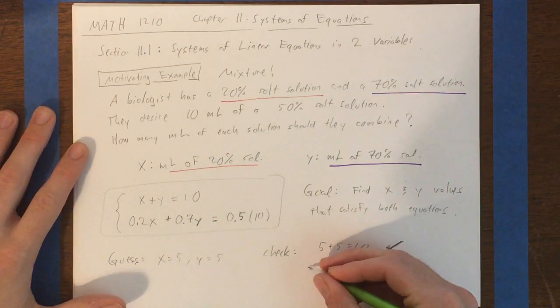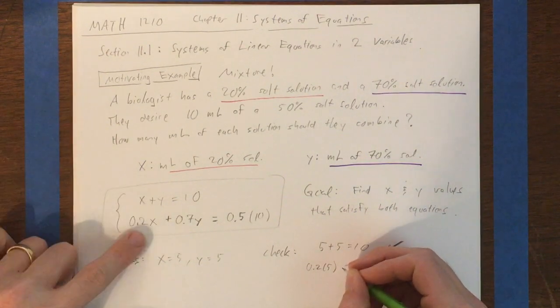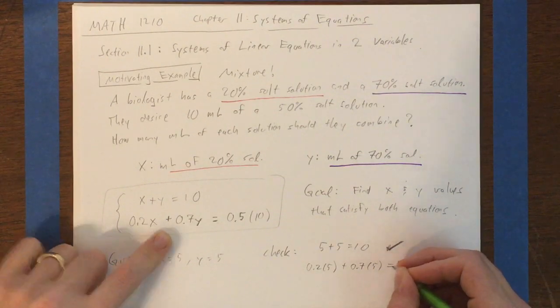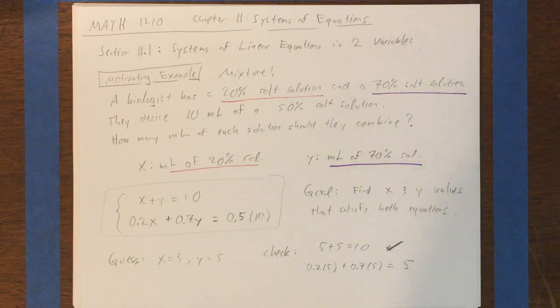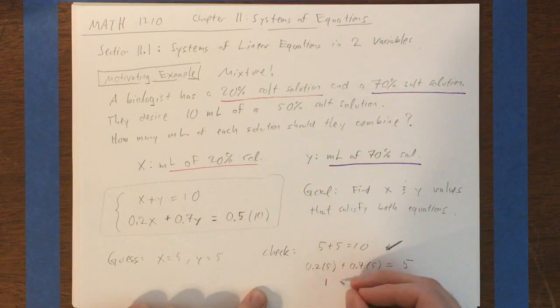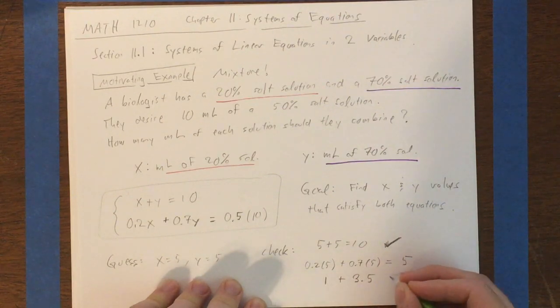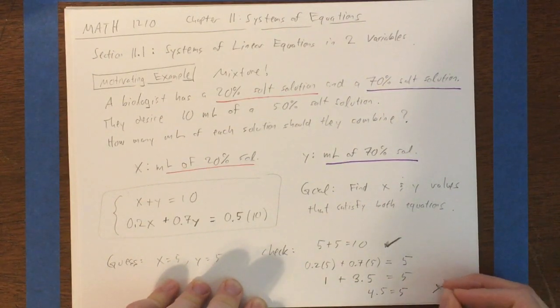The second equation is going to be 0.2 times 5 plus 0.7 times 5 equals a half times 10. So that's going to be 5 here. Okay, 0.2 times 5 is 1, and 0.7 times 5 is 3.5. And so this gives us 4.5 equals 5. That is false.